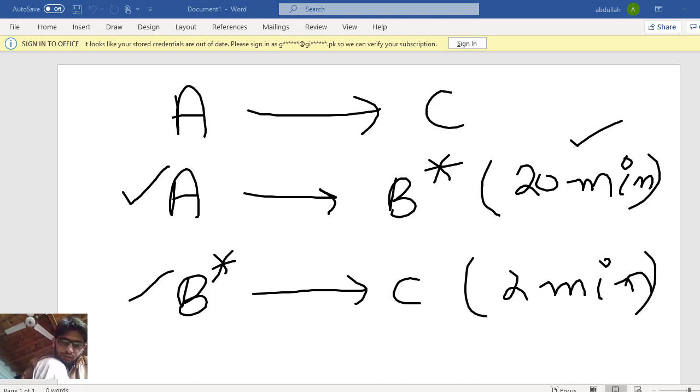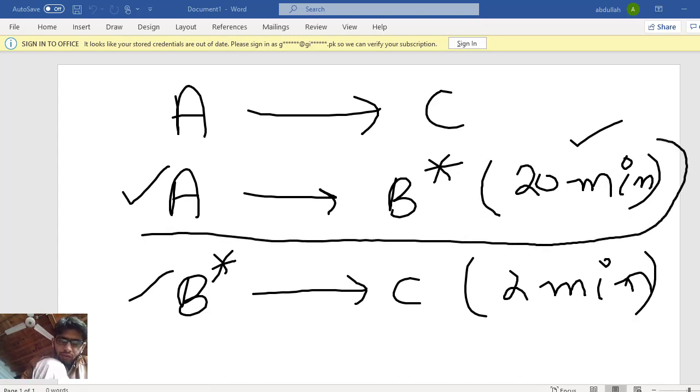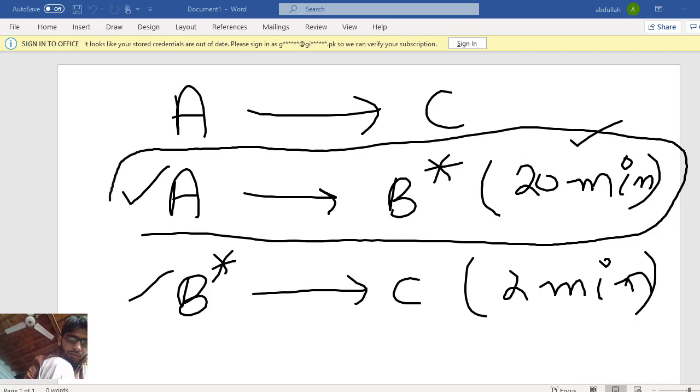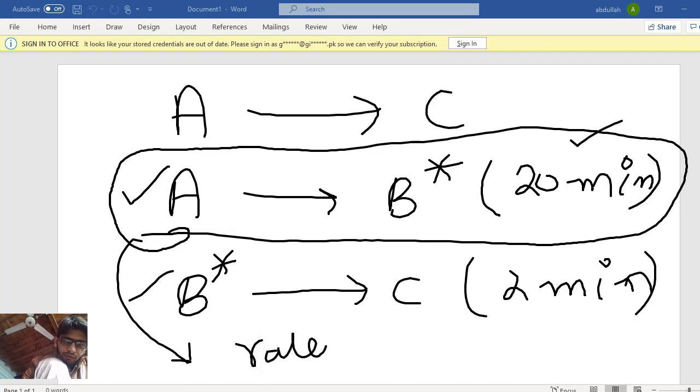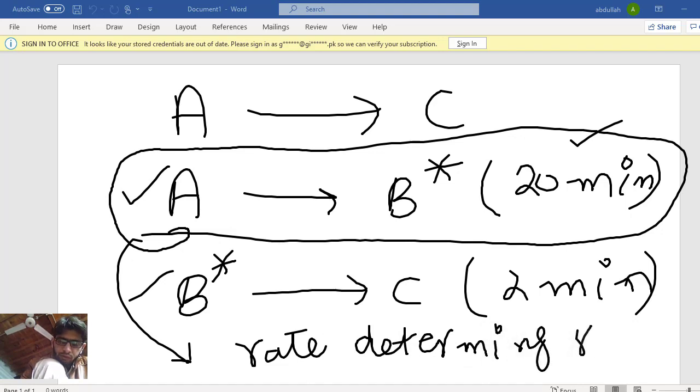Then the slowest step of this mechanism will be called the rate determining step.